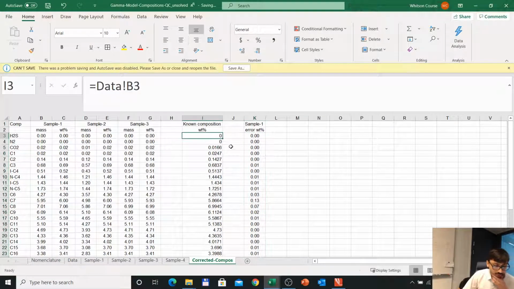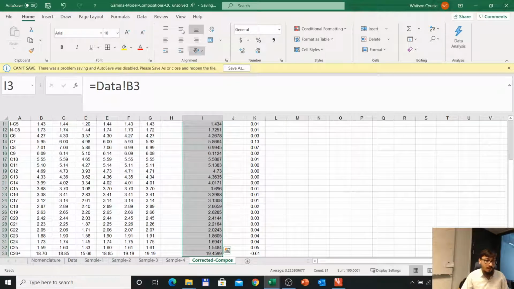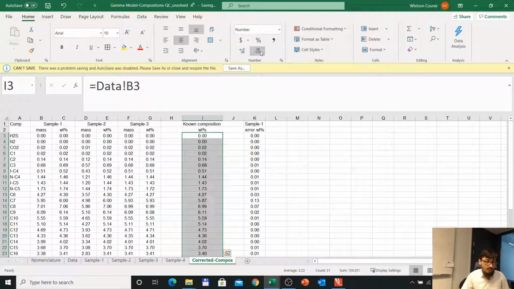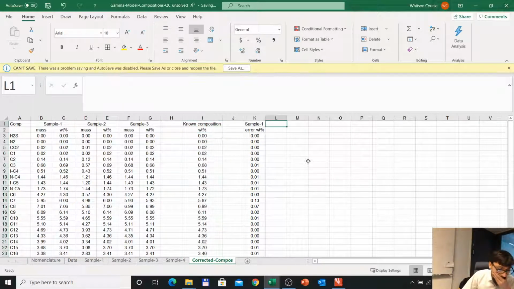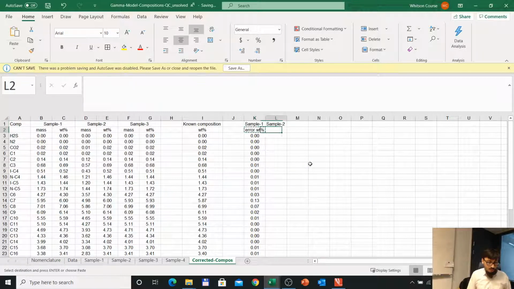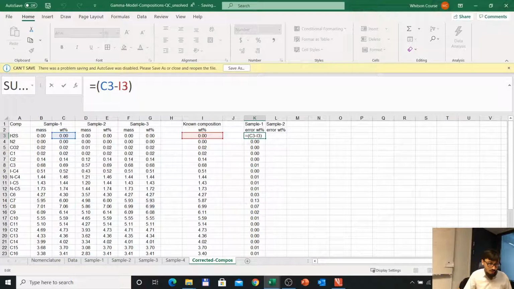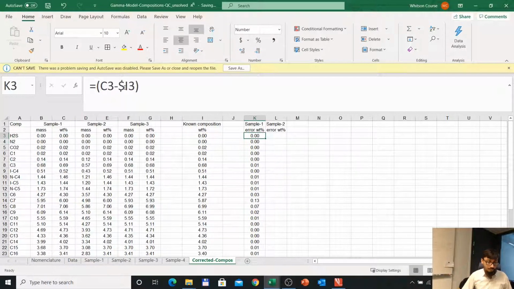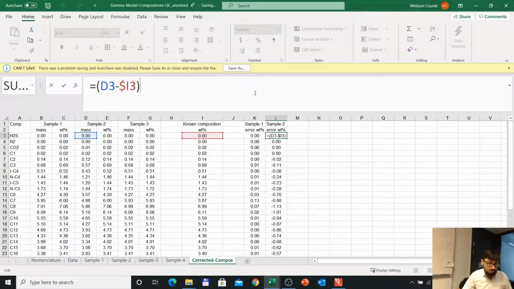So that tells you how good the method is at correcting the compositions, if you have a well-tuned gamma distribution model and if you have followed the workflow correctly. We can also do the same for this one here, but we need to make sure that we fix the reference.